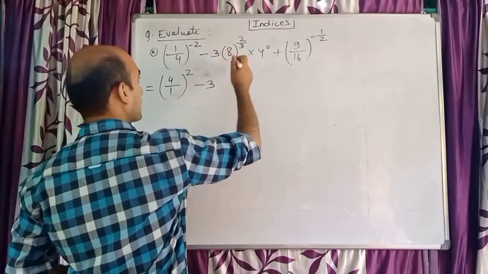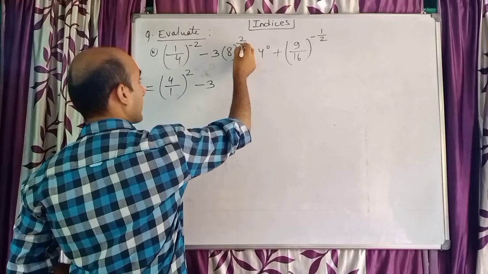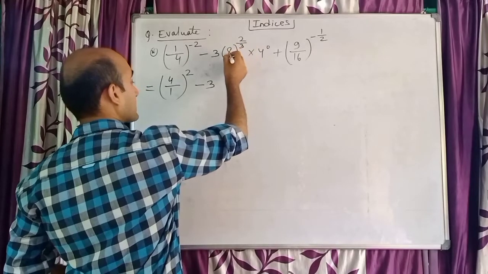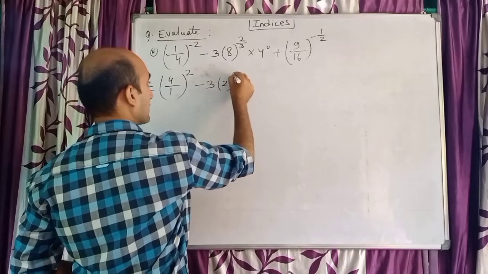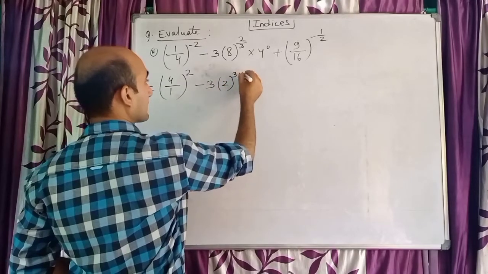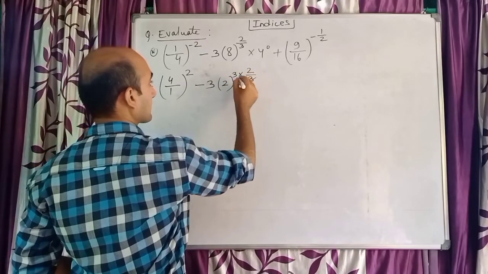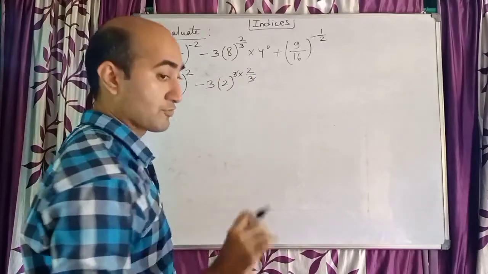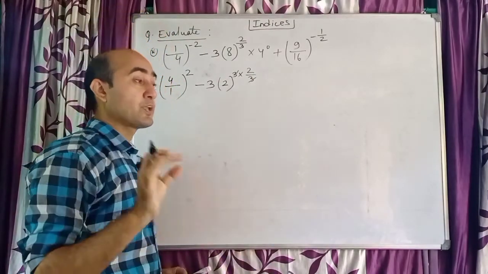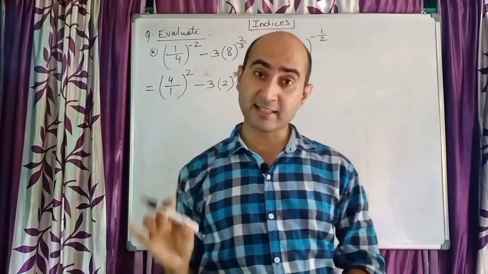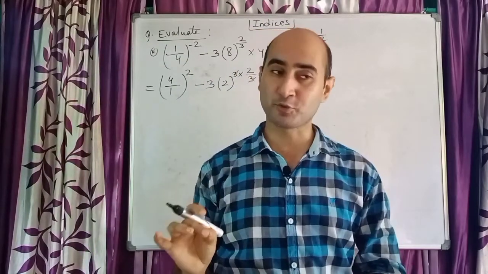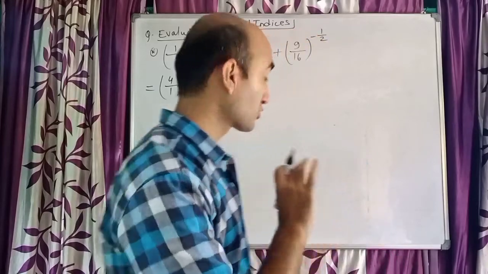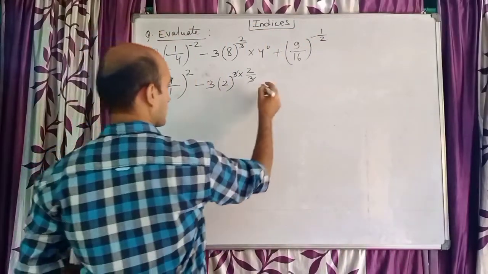Now your target should be looking at the denominator of the power, that is 3, and deciding for 8. So 8 is the cube of 2. When 3 comes here, then in this 2 by 3, the 3 and 3 will cancel. So very important: we want a positive power, and second, if we have a fractional power, we want to remove the fraction in the power also. These two things are very important in these questions.